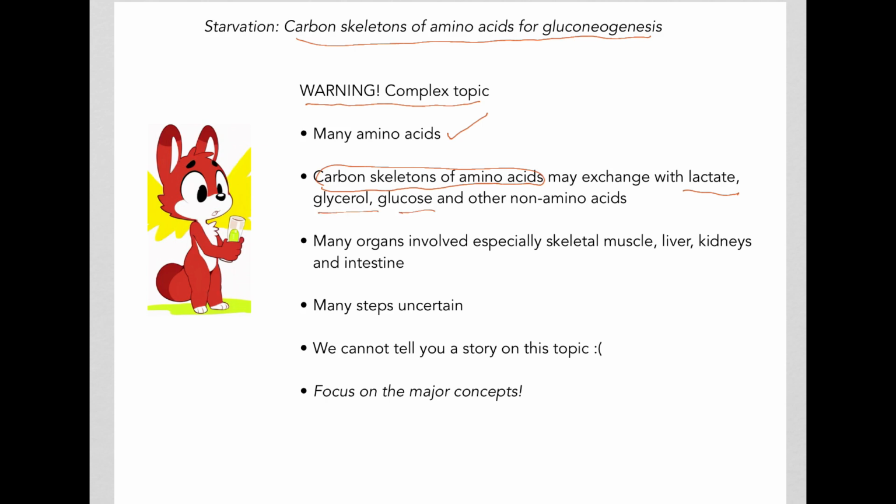In addition, this topic involves many organs, especially the skeletal muscles, as well as the liver, kidneys, and intestine. There are several steps that are still uncertain in scientific literature, and for that reason, we cannot tell you a story on this topic as we have done in many of our previous videos. So what we shall do is we will focus on the major concepts.